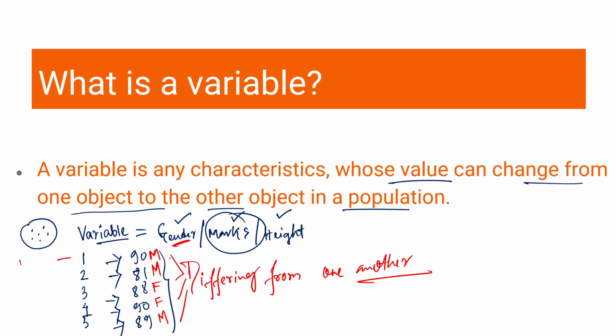These are individual objects, this is object 1, this is object 2, likewise. So from object to object, the values of the variables can differ. Variables are the characteristics. We are taking a single characteristic here, let's say marks, gender, height, whatever it is, and the values for that single characteristic can differ.